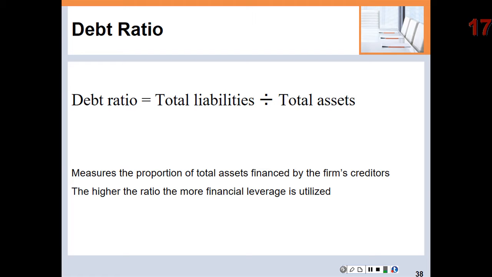Now again, I'm going to need your help with this as we go through and calculate these various ratios. So it says the debt ratio is equal to total liabilities divided by total assets.